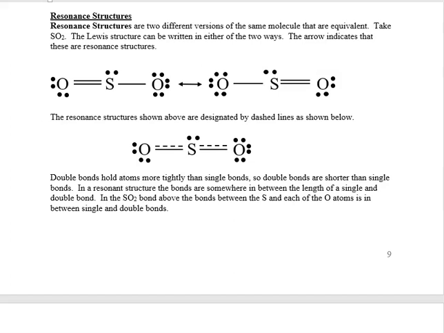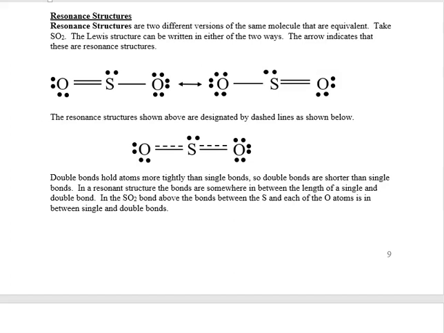So the formal way of writing it is up above where you have the two different structures. But down below, it shows you kind of the way it is in the real world. 1.5 bonds between the sulfur and each of the oxygens. Double bonds hold atoms more tightly than single bonds, so double bonds are shorter than single bonds. In a resonance structure, the bonds are somewhere in between the length of a single and double bond.